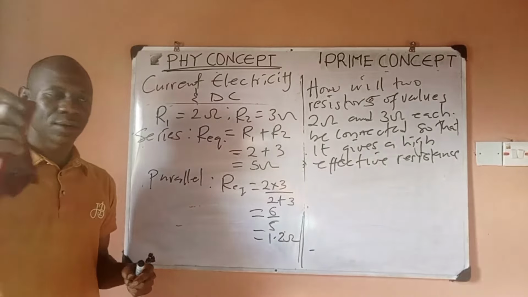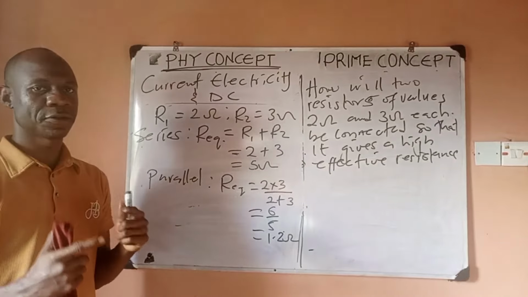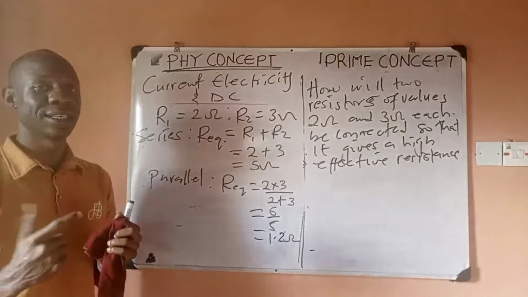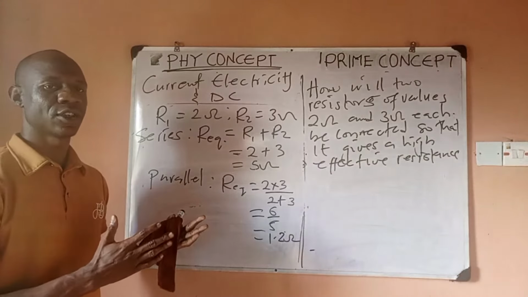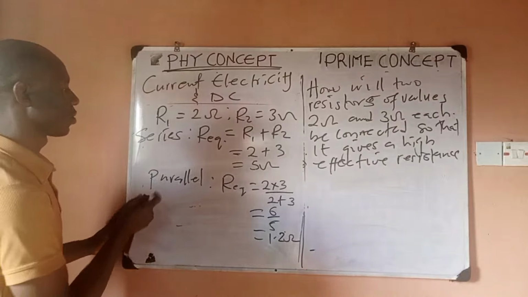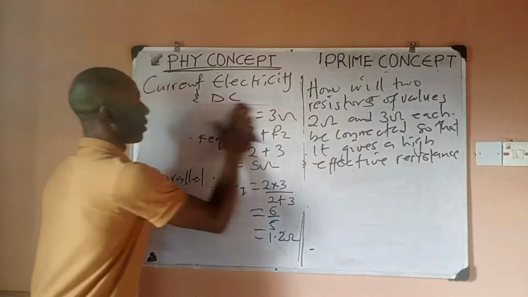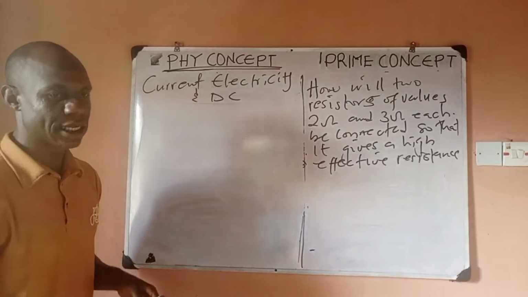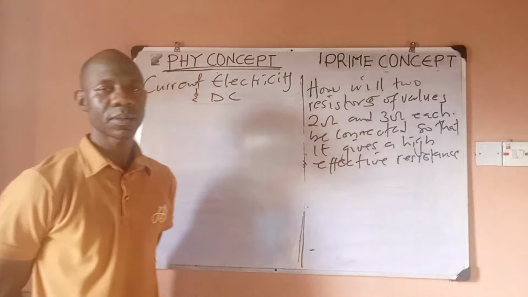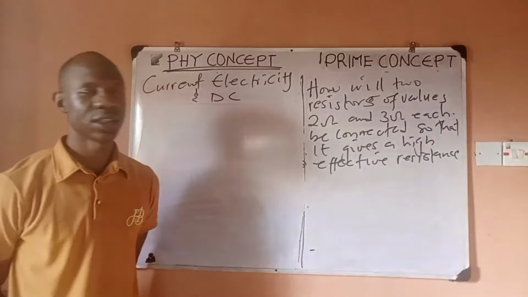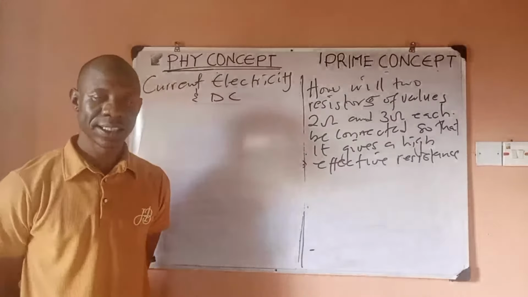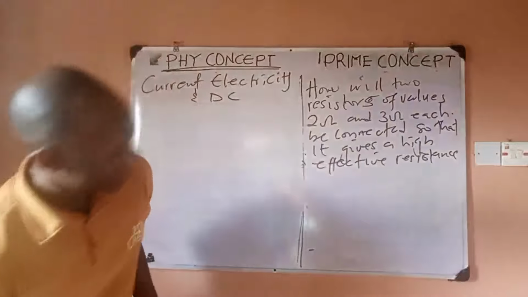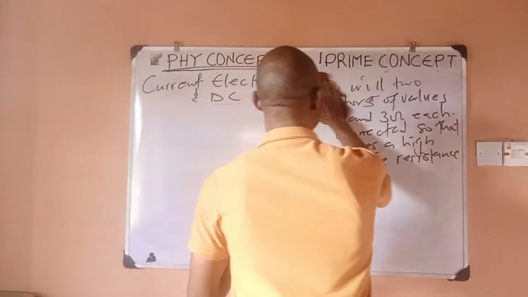Now, tell me, do you want me to do Kirchhoff very fast or I should leave it to AC? Just pick one of them. Kirchhoff or AC. Drop your suggestion so that I will know which to go to next.